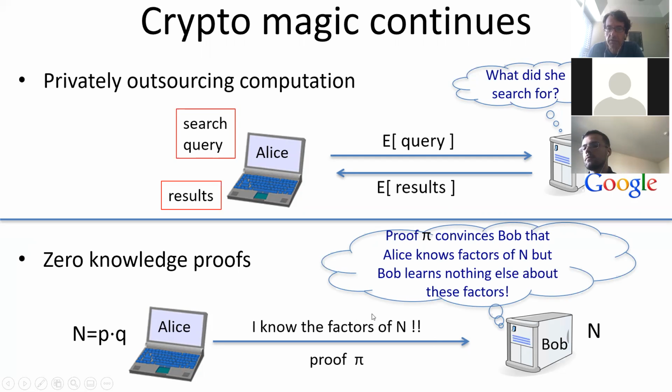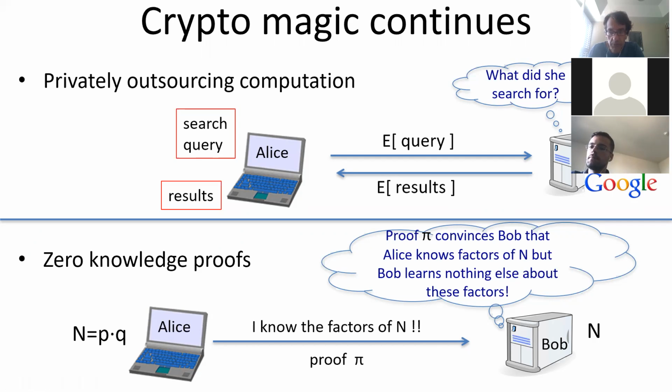In other words, that she knows the factors of this RSA modulus. A zero knowledge proof is a cryptographic protocol that allows for the following. If the prover knows what we call a witness for the statement, so she does know the secret factors that multiply into this, she can convince Bob of it.